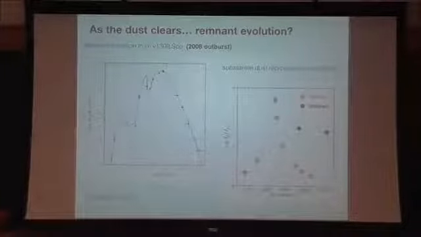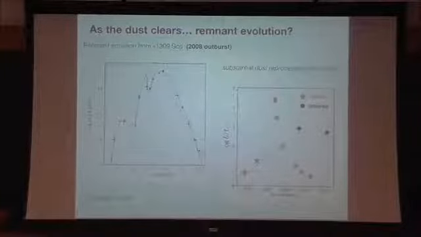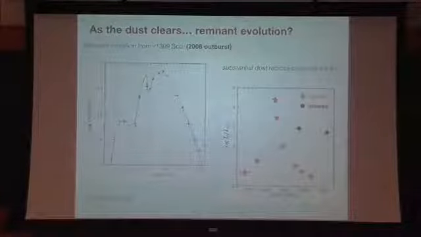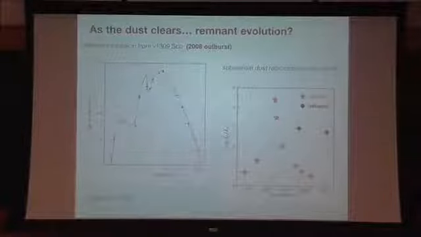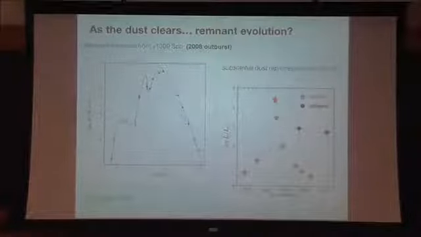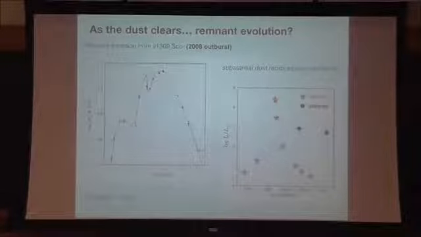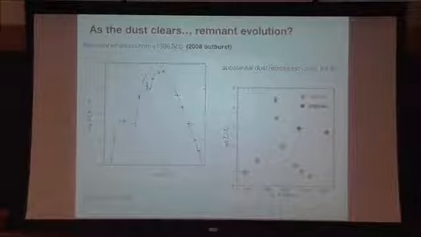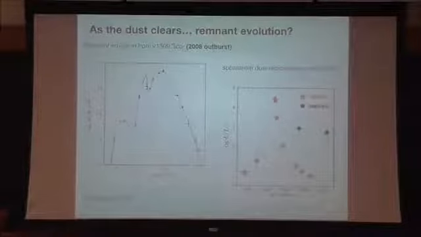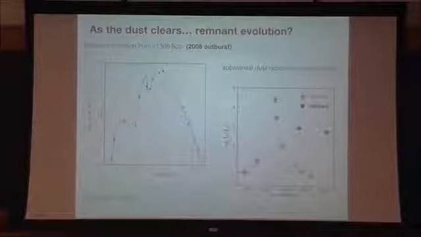So I think it will be really interesting to continue to follow these objects, and in particular, I don't know what the best strategy is, but I think we need to think about how to best see through this dust and analyze the central sources and see whether we can determine whether there's a binary there or whether there's a single star there.